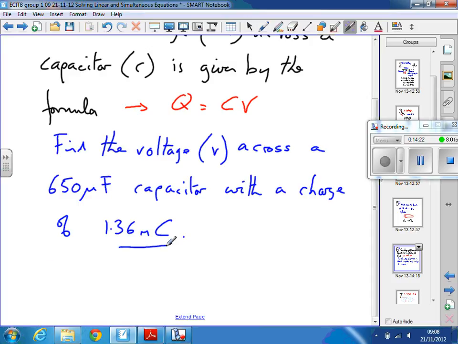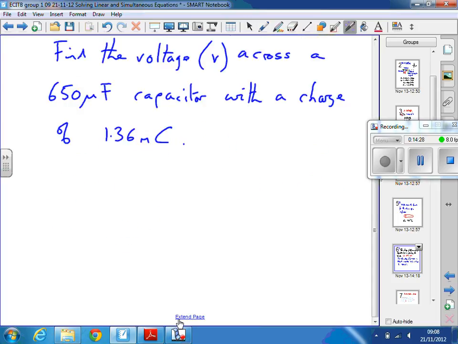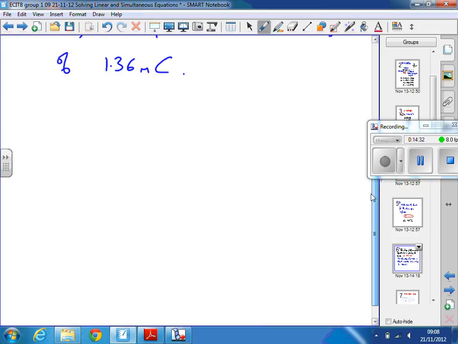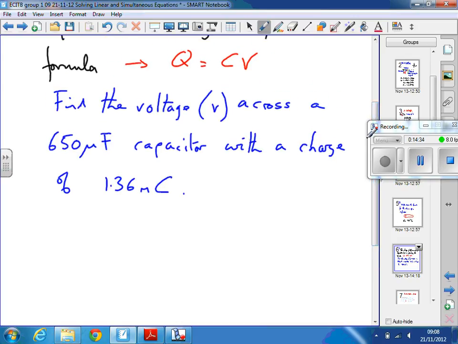And so the first step is I need to know what's the formula that relates these 3 things. Well, in this case I'm given it. But in reality I would identify that formula. I'm after a formula that involves what I want to find, the voltage, and the charge and the capacitance. So Q equals CV.